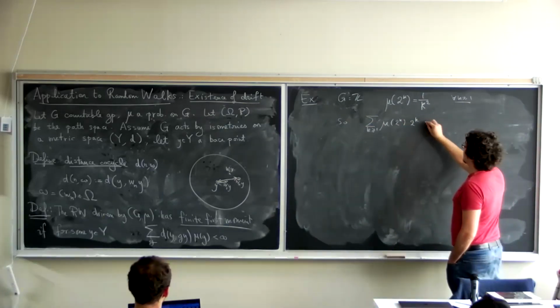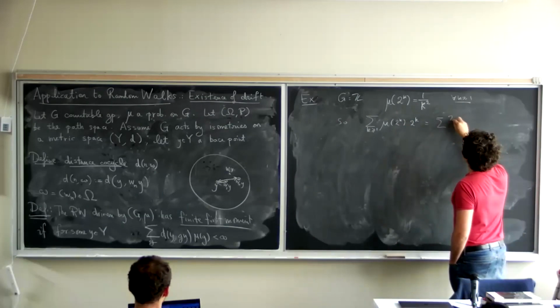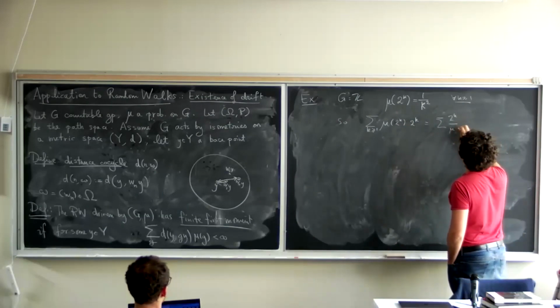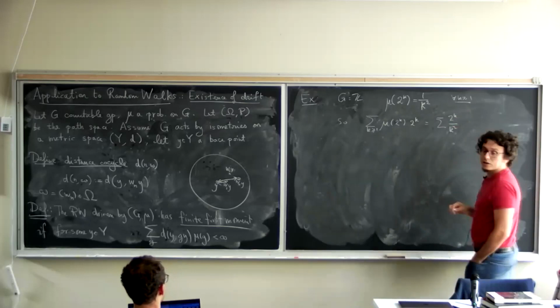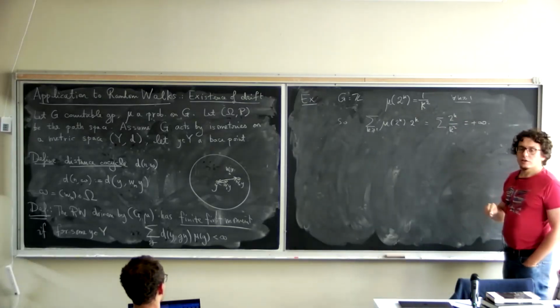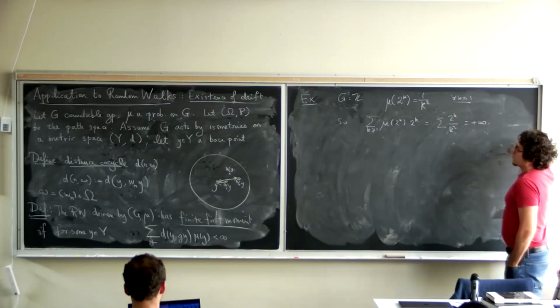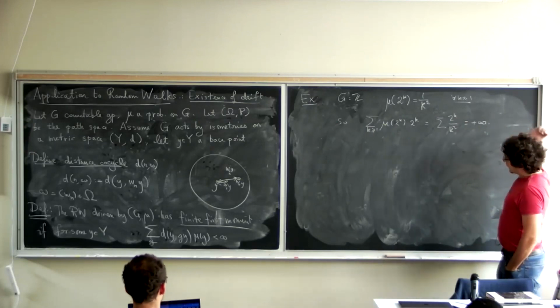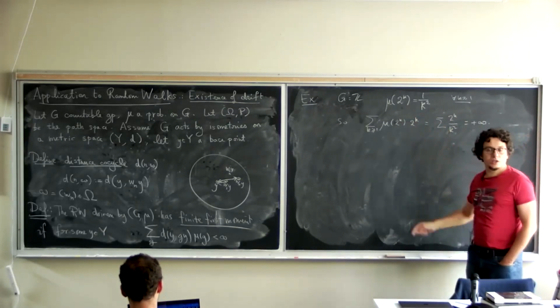So this is enormous. This is a sum of 2 to the k over k squared, which is infinite. So it's possible, because you can make enormous jumps.